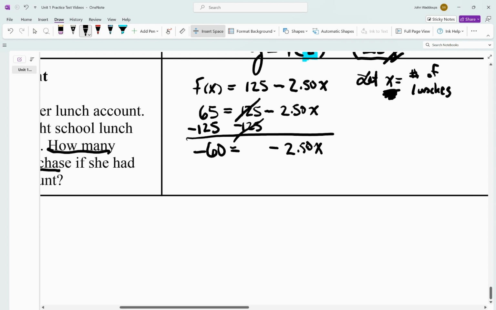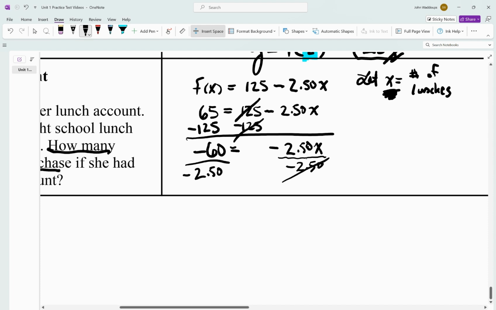And now I'm going to get rid of this negative 2.50 x. I'm multiplying negative 2.50 times x. The opposite of multiplying by negative 2.50 is dividing by negative 2.50, and I have to do that to both sides. Divide both sides by negative 2.50.